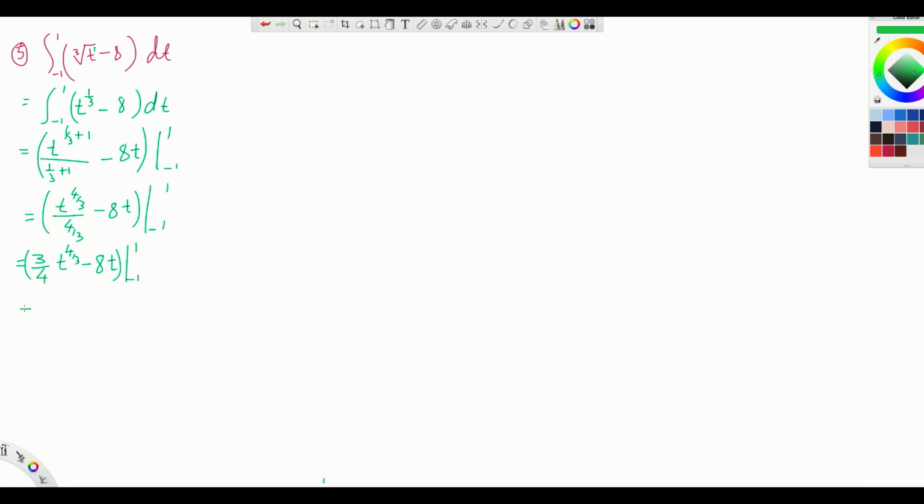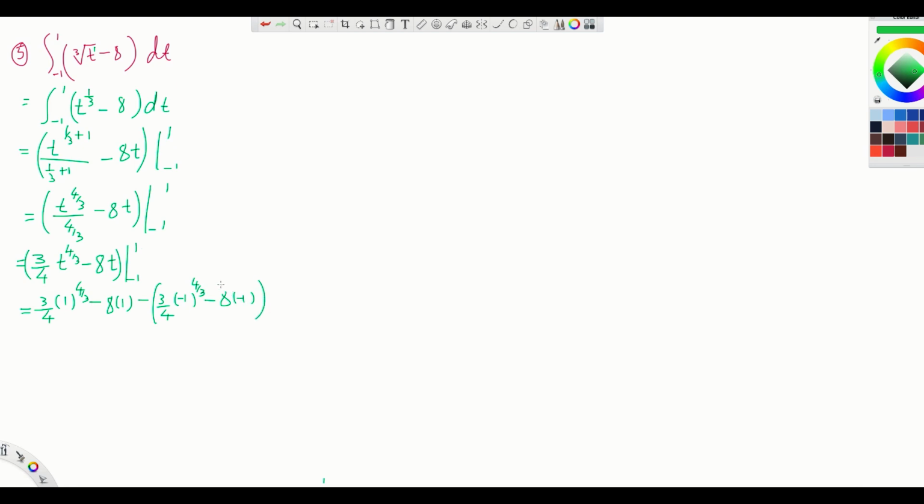So let us plug in 1 first. So 3/4, 1 to the 4/3, right? And then minus 8 times 1. That is what I get when I plug in 1, and then do minus, and then inside the parenthesis I write 3/4, -1 to the 4/3, right? And then minus, so 8 times -1.